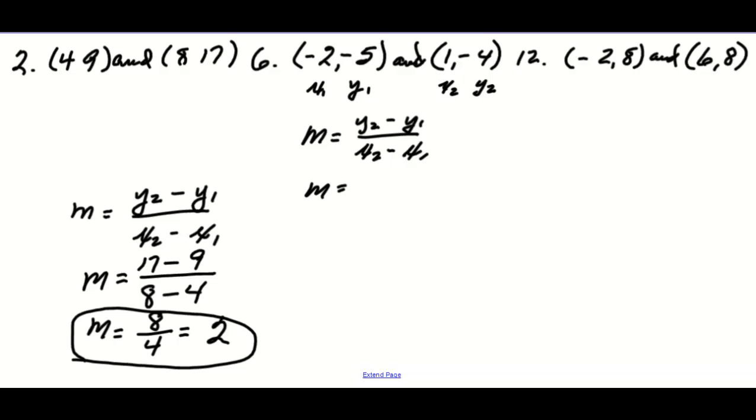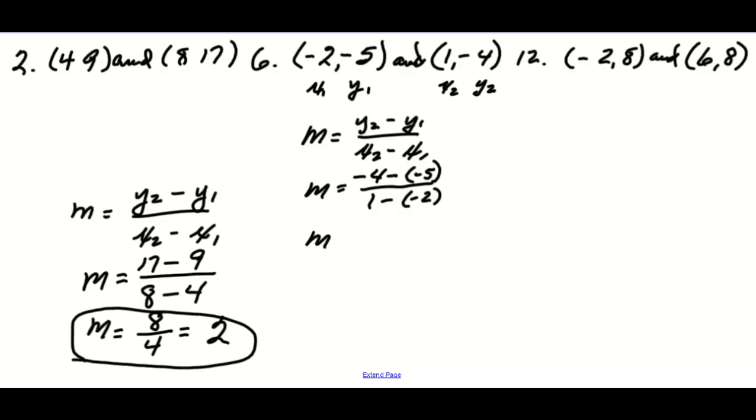M is equal to, I've got a negative 4 there, minus, and y1 is a negative 5, over x2 is 1, minus, and x1 is a negative 2. Notice I put those in parentheses because I'm subtracting negative numbers both in the numerator and the denominator.